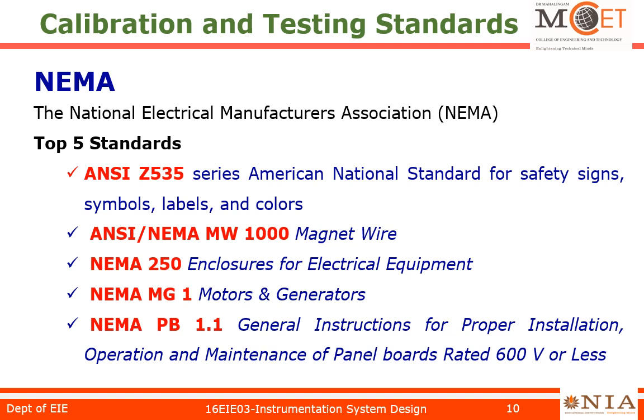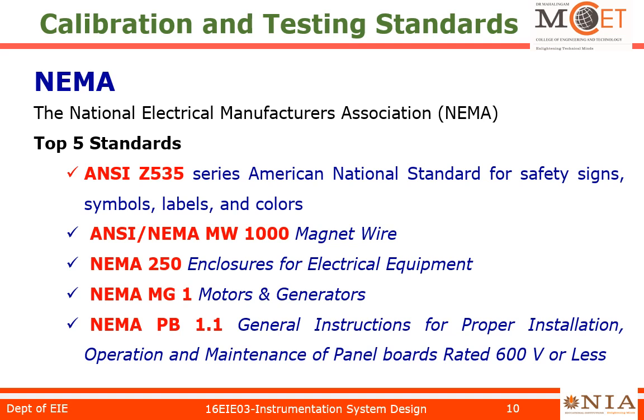The second important one is NEMA MW1000, especially for magnet wire. The third one is NEMA 250, enclosures for electrical equipment. And the fourth one is NEMA MG1, for motors and generators.